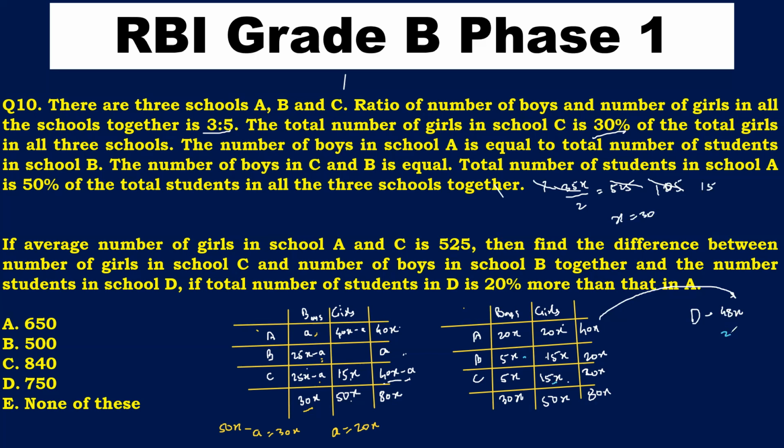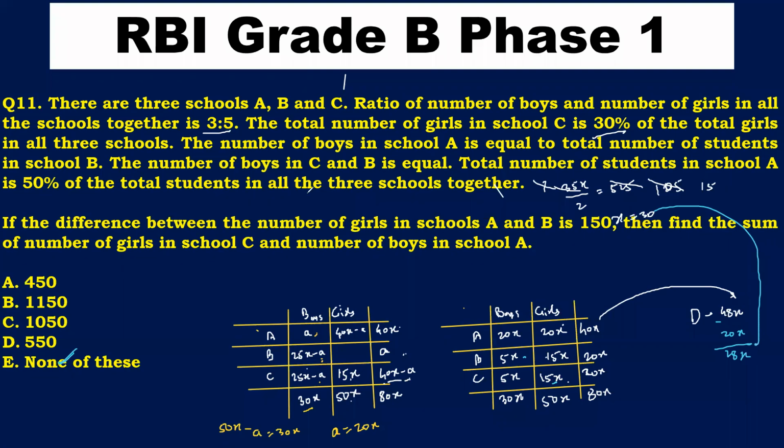So what is the difference between 20x and 48x? They are asking difference between these two. That is 28x. And you know the value of x is 30. So put it here. The answer will be 840. Option number C will be the answer.